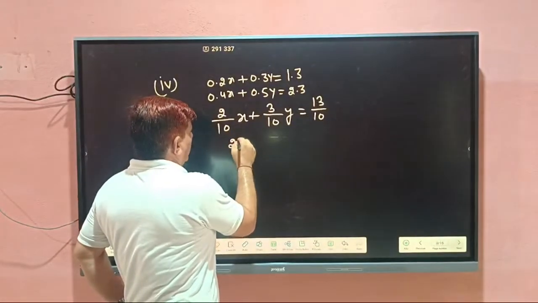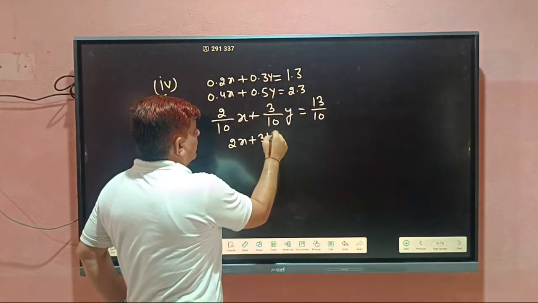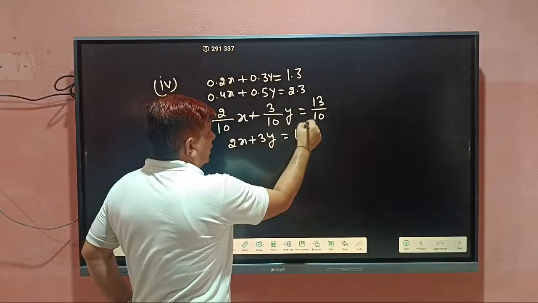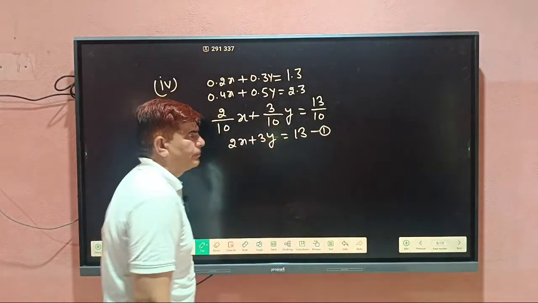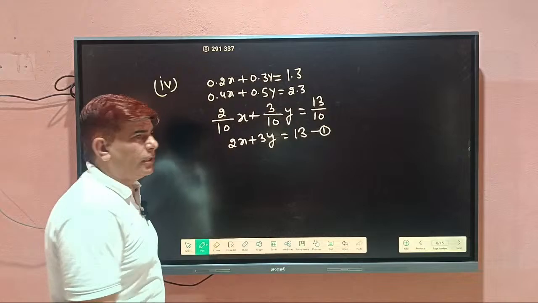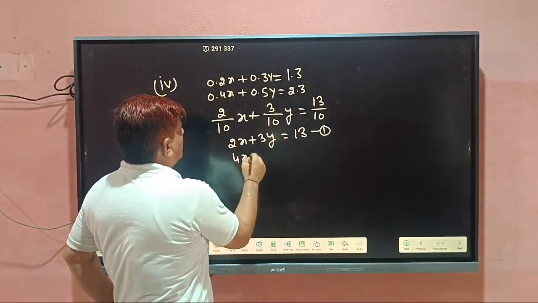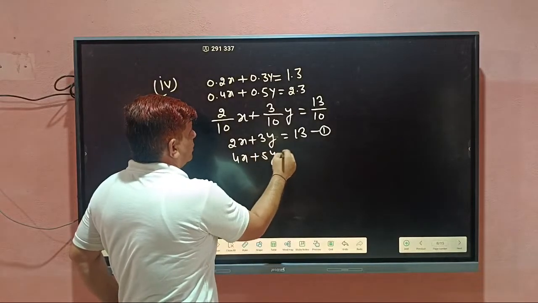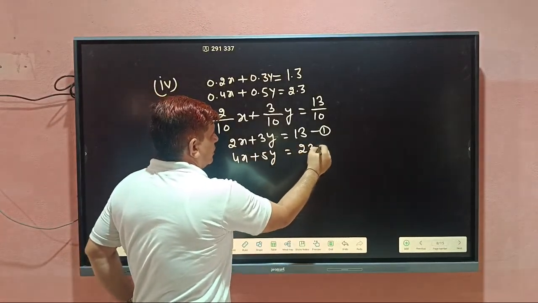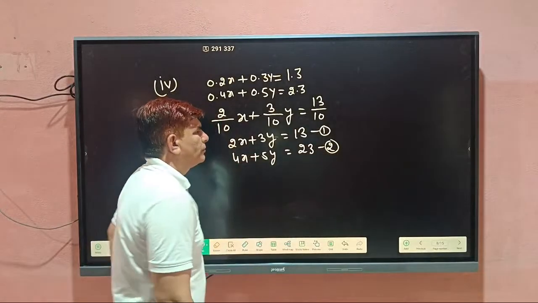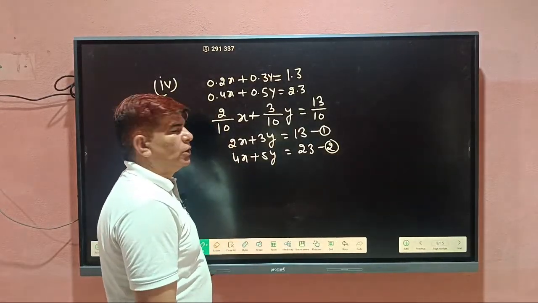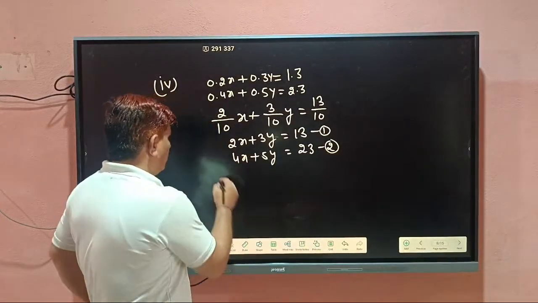So how can I write this? 2x plus 3y is equal to 13. This is your equation number 1. Then similarly, this I can write 4x plus 5y is equal to 23. This is your equation number 2. You have to apply the substitution method.